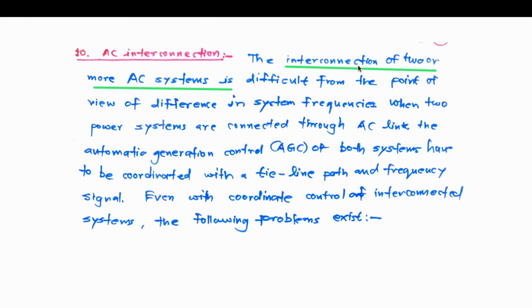So when we interconnect two different AC systems, one may be stable, other may be slightly unstable, one may be strong or bigger, other may be smaller. So naturally they have different dynamics. There is a difference in the system frequencies. So naturally whenever we want to connect such systems, there are several problems that are associated with operating.